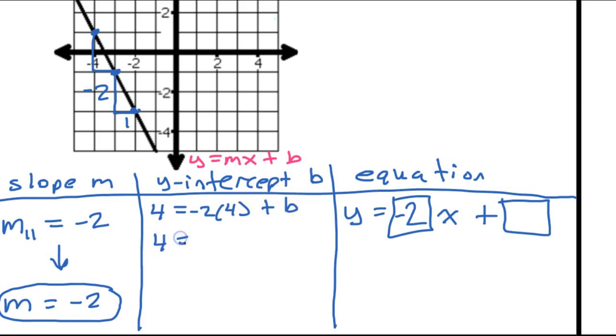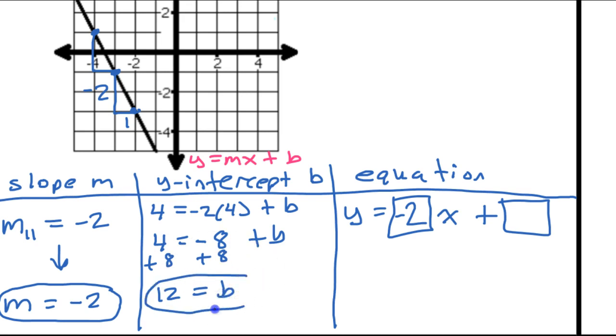So that's going to give me 4 is equal to -8 plus b, and then I can add 8 to both sides, so that's going to give me 12. So b is equal to 12. So I can go ahead and put 12 in the y-intercept box. So that's why the final answer will be y is equal to -2x plus 12.